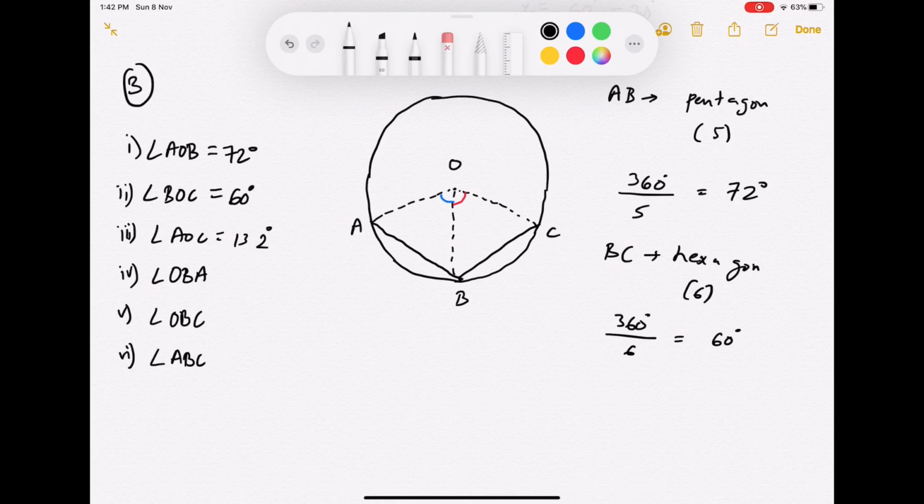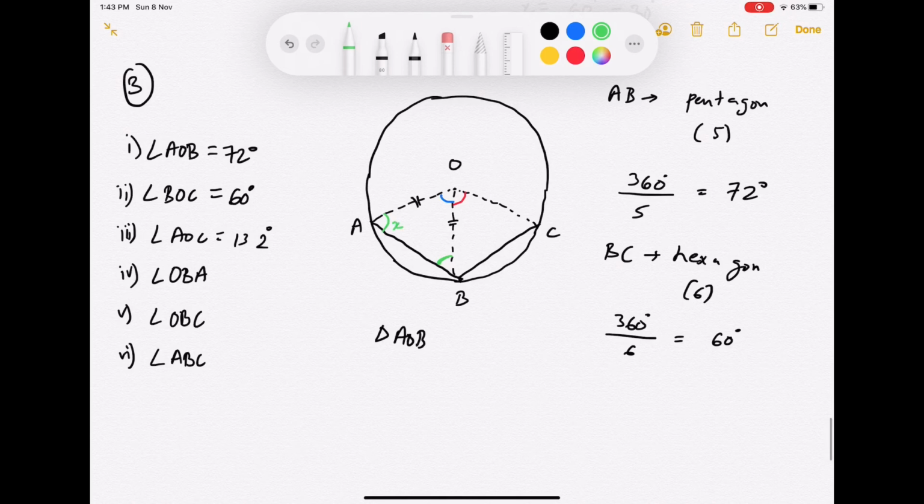Then we have to look at the next angle, which is angle OBA. OBA is over here. Now again we can use two things, the angle sum property and the property of an isosceles triangle. So if I look at triangle AOB, I know that OA and OB are equal sides because they are radii of the same circle. Therefore, the angles opposite to them, angle OBA and angle OAB, have to be equal.